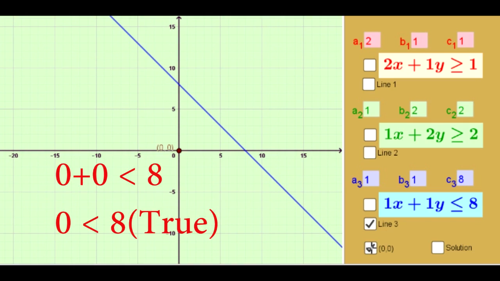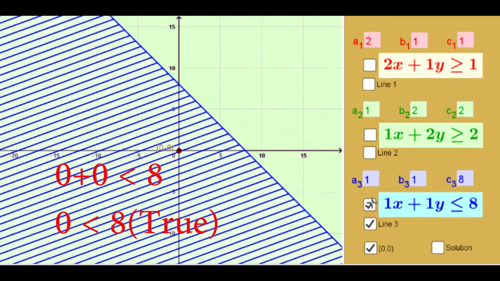You get the result 0 less than or equal to 8, which is obviously true. Because the result is true, you have to shade on the side where (0, 0) is present. Now you observe the blue color shading, which is the result of x plus y less than or equal to 8.